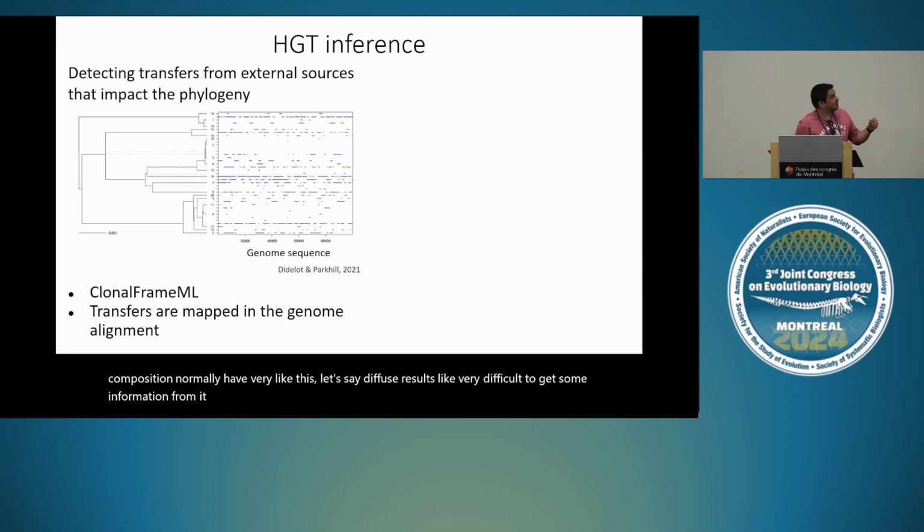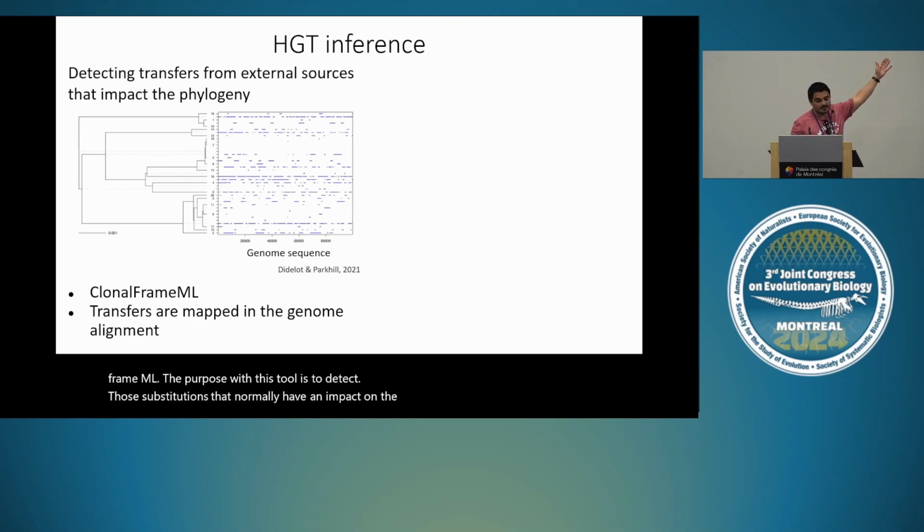What did work for us was, for instance, this tool, ClonalFrameML. The purpose of this tool is to detect those substitutions that have an impact on the phylogeny.